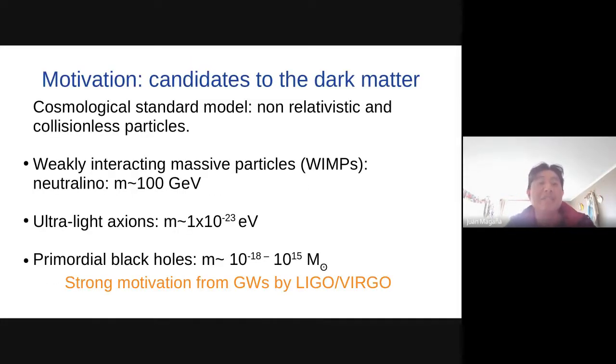Well, the motivation is that now in the cosmological standard model, the dark matter is composed of non-collisionless and non-relativistic particles. There are many candidates. For example, the WIMPs, one of them is the neutralinos. It is very popular. Other interesting alternatives are the ultralight axions, which are bosons that can be described by a scalar field.